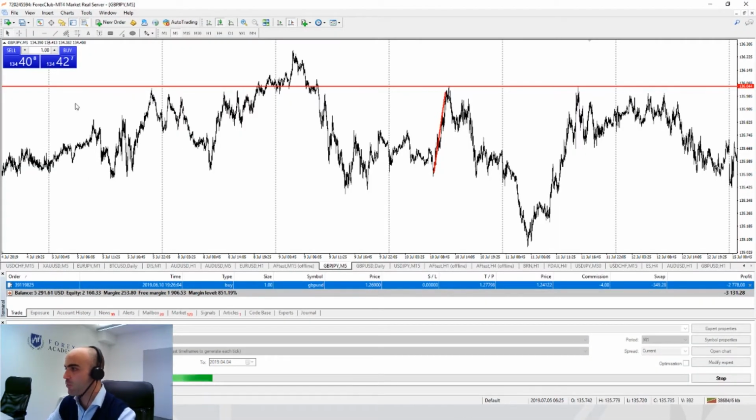Here we are on Great British Pound, Japanese yen, 5 minutes time frame, and I can show you that in here there is an M pattern, which we call double top. Double top, why? Because it's trying to break this very key level, however, very unsuccessfully.